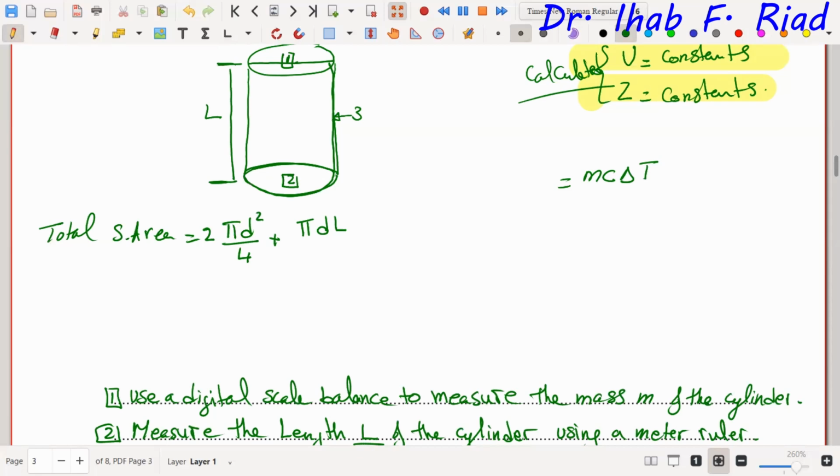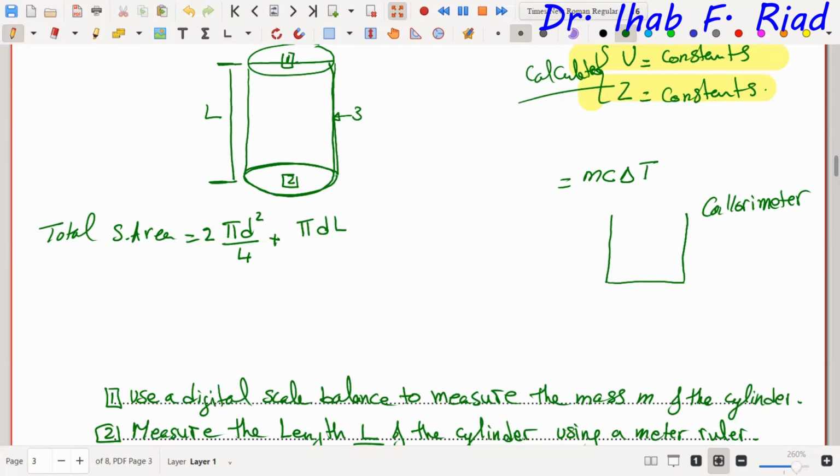Okay, so what do we have? We have a beaker, or they call it the calorimeter. Do you know a calorimeter? Have you heard about it before? No. Okay, a calorimeter is a metal cylinder made out of copper or aluminum. It is typically copper.